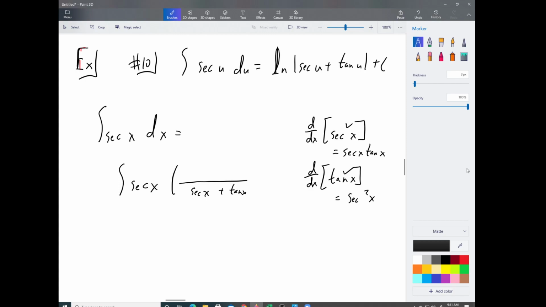And whatever we put on bottom, we have to put it on top too. And what I like about that, I see here in the next step, is I multiply the secant on the top, and I'm going to get secant squared plus secant tangent.